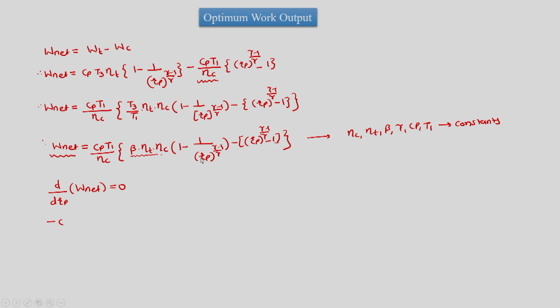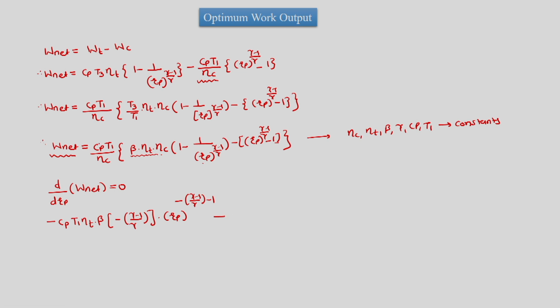So, that differentiation has a non-zero value, and it is Cp T1 eta t beta into minus gamma minus 1 upon gamma into Rp raised to minus gamma minus 1 upon gamma minus 1.